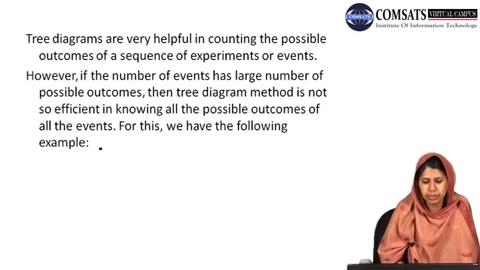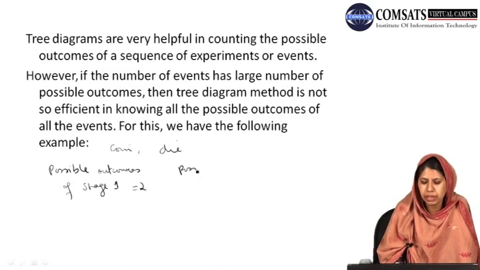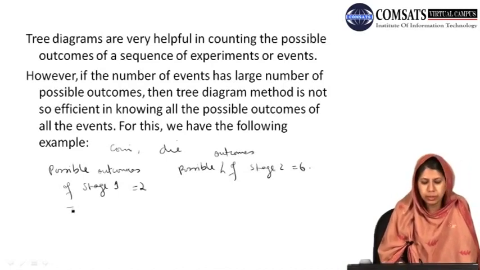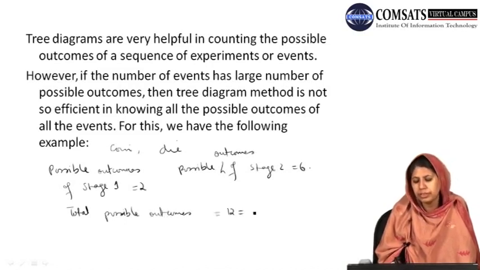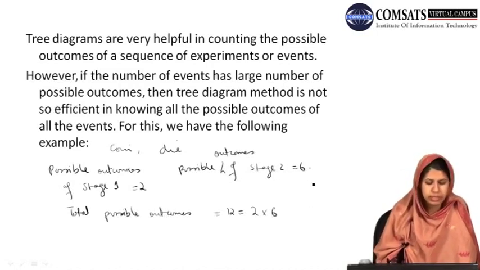As in our previous two examples, if we flip a coin first and then we roll a die, then the possible outcomes of our stage 1 are 2, and the possible outcomes of stage 2 are 6, and the total possible outcomes are obtained as 12, which is the number of possible outcomes of the first event times the number of possible outcomes of the second event.